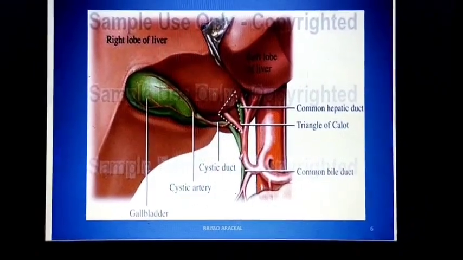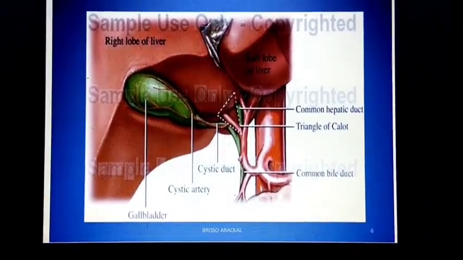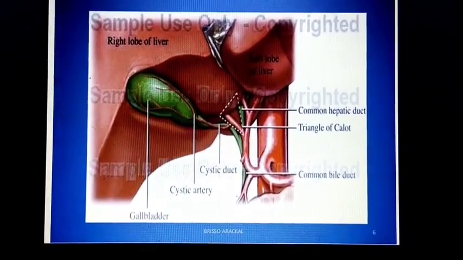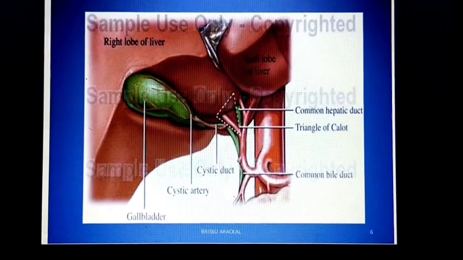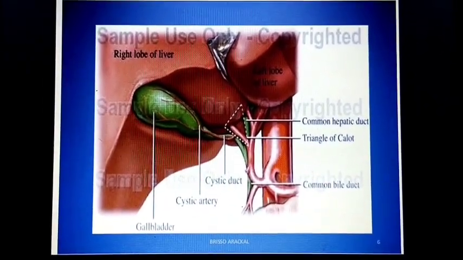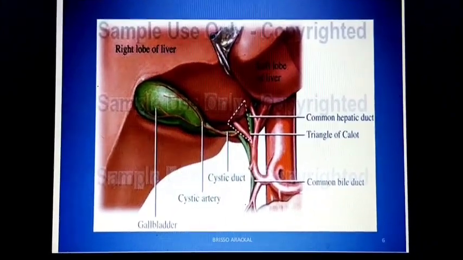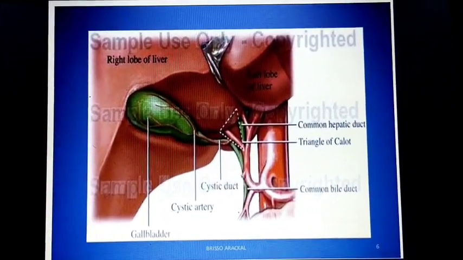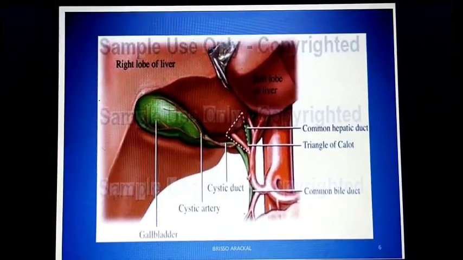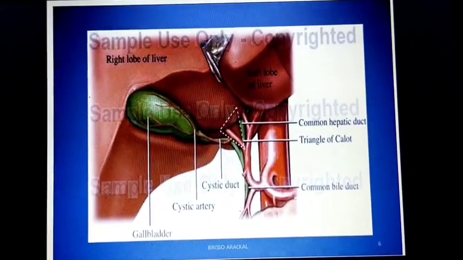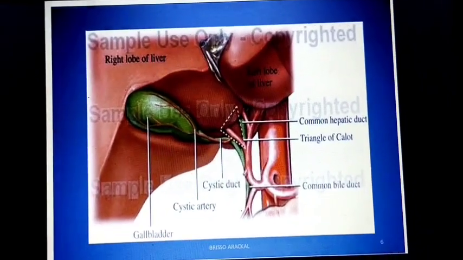The gallbladder stores bile that is produced by the liver. I already explained that the biliary tree consists of both intrahepatic and extrahepatic parts. The extrahepatic part includes the right and left hepatic duct, common hepatic duct, gallbladder, cystic duct, and common bile duct.